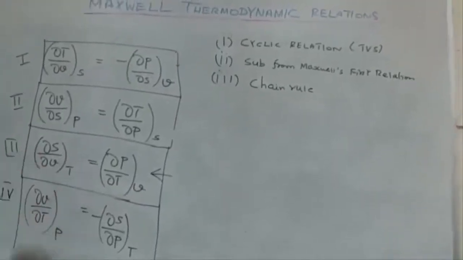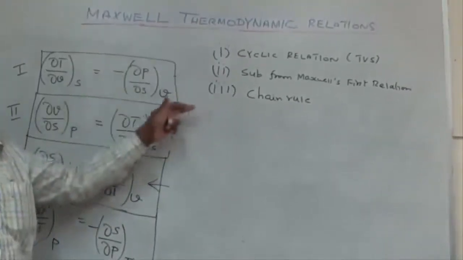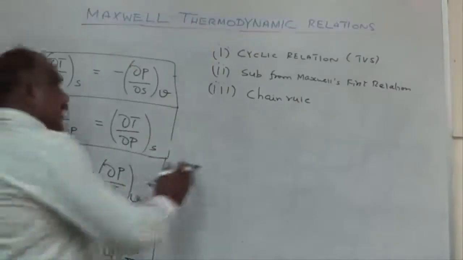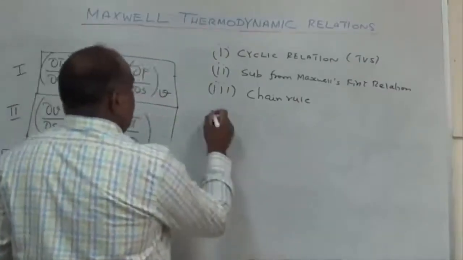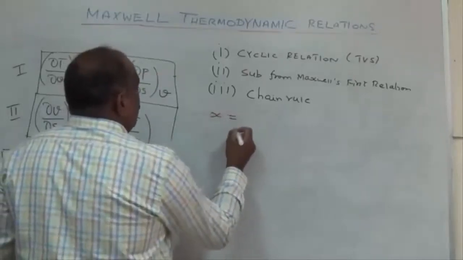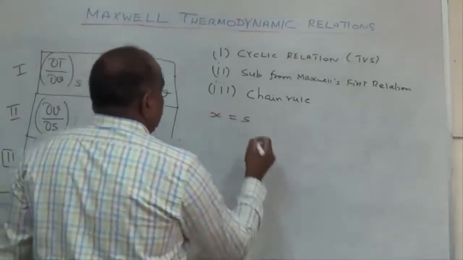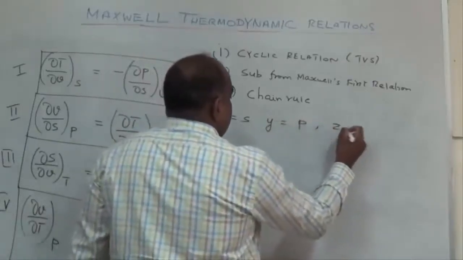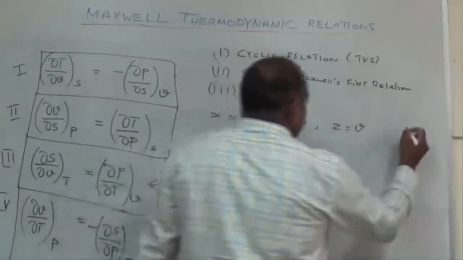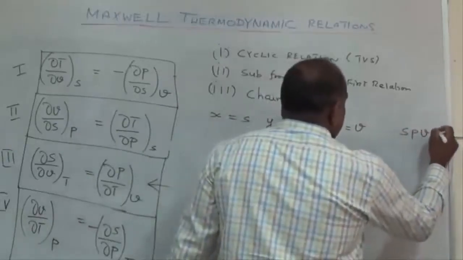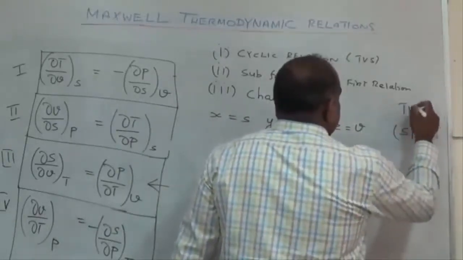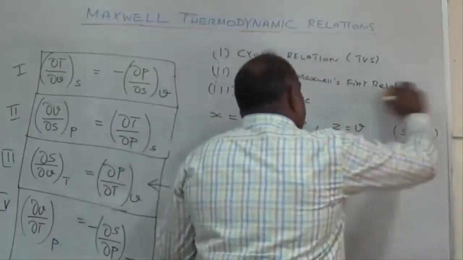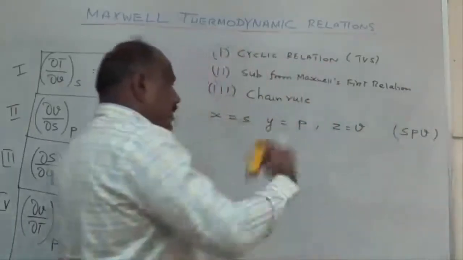Now I am going to do the same thing. I am going to follow the three steps for deriving the second relation as well as the fourth relation. Let us proceed further now. Now x equal to S, y equal to P, and z equal to V, S, P, V. Similar to earlier where we took T, V, S, now we can take S, P, V, and we will write the cyclic relation.